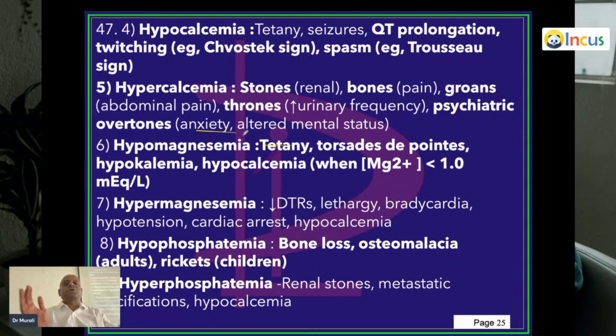Stones, bones, groans, thrones, psychic overtones is the feature of hypercalcemia. If hypomagnesemia hai to QT become prolonged. What is the normal QT corrected interval? Enta cheppale ninna chair class ki 420 milliseconds. When do you call prolonged QT more than 600 milliseconds?